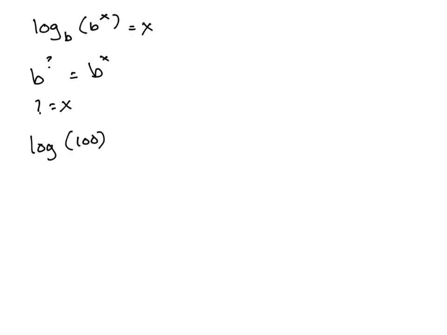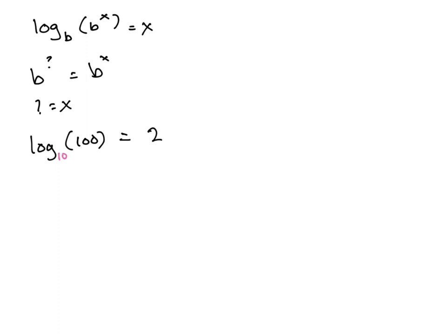Okay, so this is log of 100. There's a couple of ways of looking at this. You could ask yourself, 10 to what power gives me 100? And you would see your answer is 2. 10 squared. How do I know it's 10? Because there's no base, and that means the base is 10.